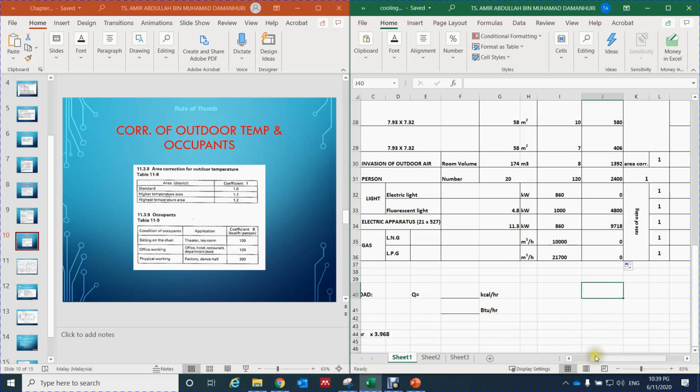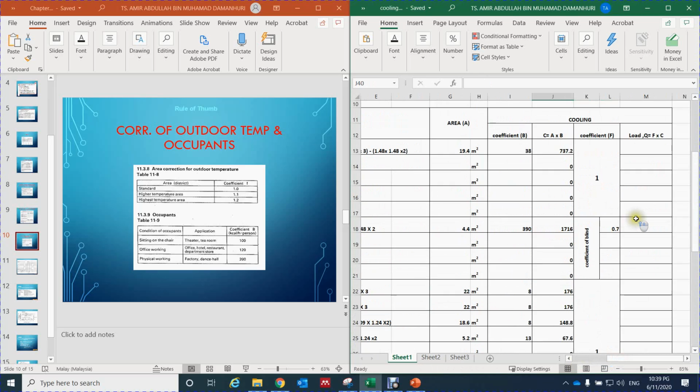And then moving forward to the load, the coefficient of load Q is equal to F times C, right? So we get 737.2 here.